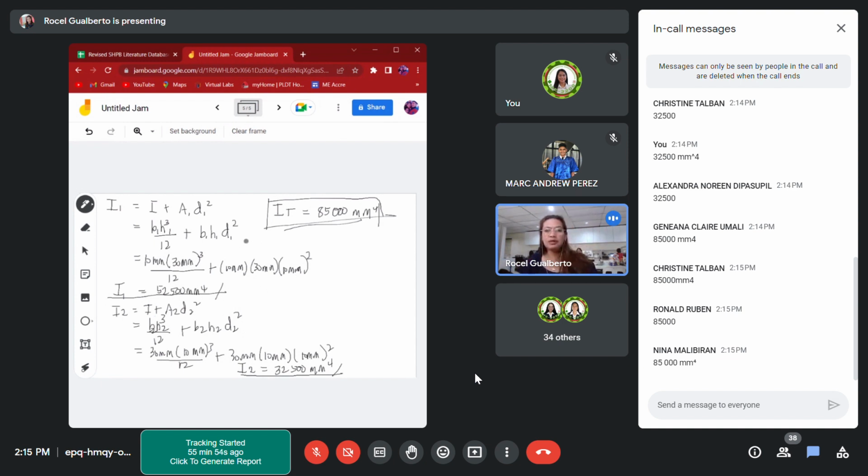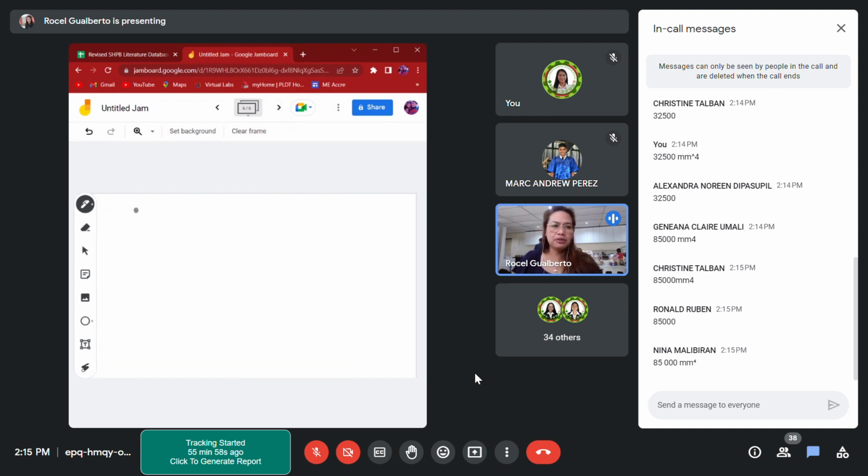So, you try this one first before we proceed. Let us have an E cross-section. All thickness is 10 mm, so this is 10, this is 10, this is 10.